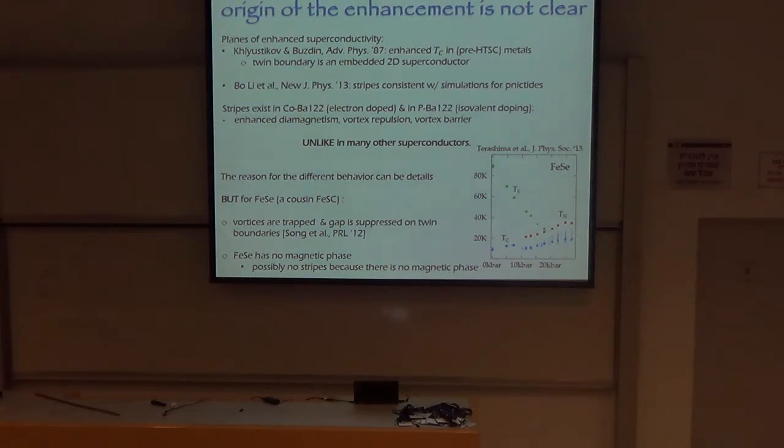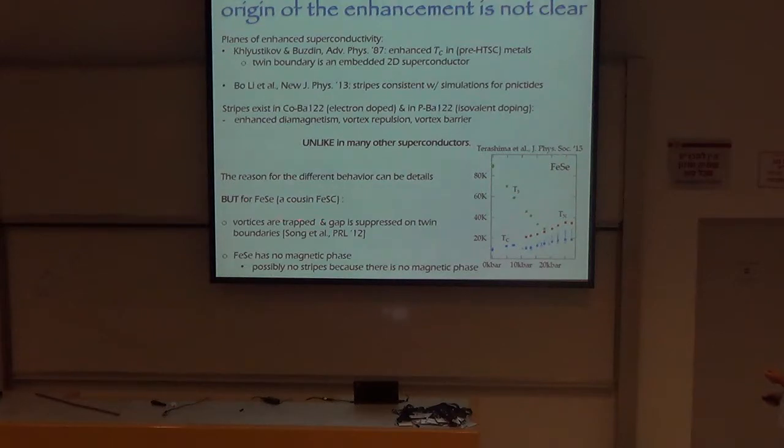We don't know the origin of these structures. So the reason for superconductivity to be enhanced on these sheets, on twin boundaries, there could be mundane reasons. I will note though that we see this now in two pnictides, one electron doped, one isovalently doped.